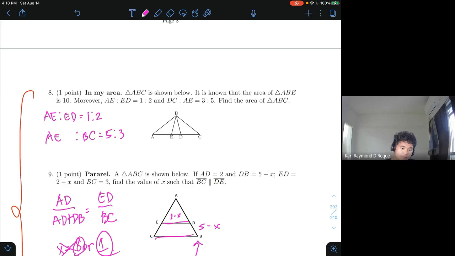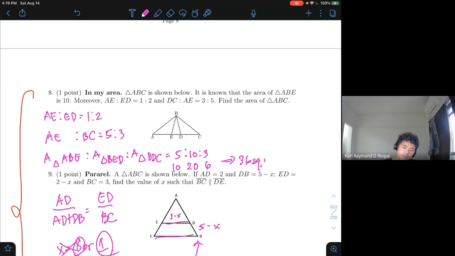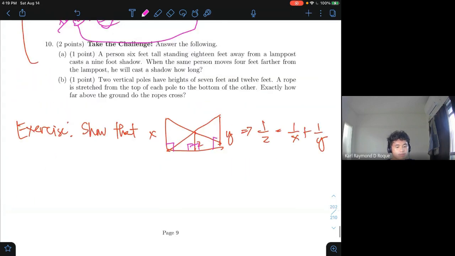So, ang area ni triangle ABE is 10. So, find the area of triangle lahat niyan. Kung 10 to, 20 to 6. Adding, it's 36 square units. Problem solving.